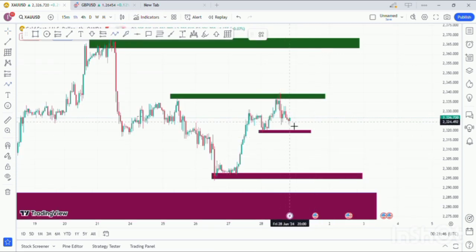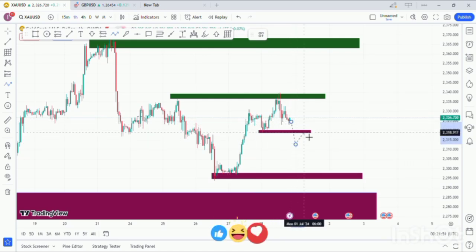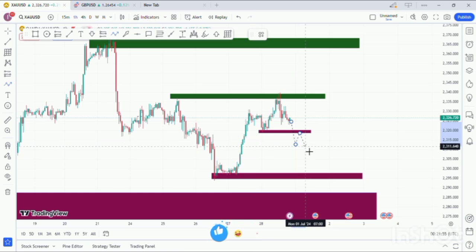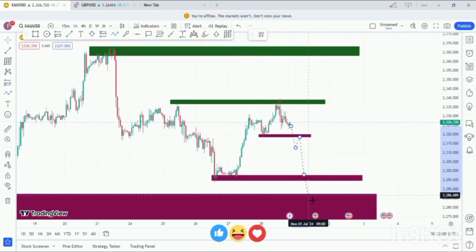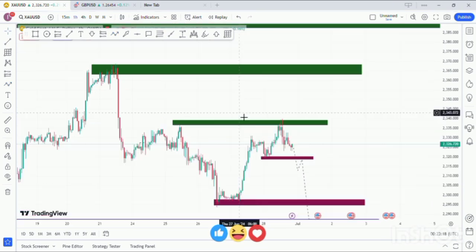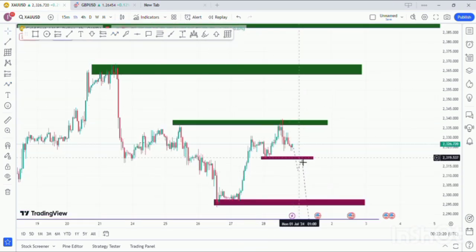So for next week on XAUUSD on the 1 hour time frame, we're expecting price to break out of this uniform support zone to the next support zone just below, or possibly the support zone after that. But on the flip side, if price decides to reverse from where it is, that's to continue upward, we'll be expecting price, like I said before, to continue upward to either respect this resistance zone right here before dropping, or possibly break out of it to the next resistance zone, very valid resistance zone just above.